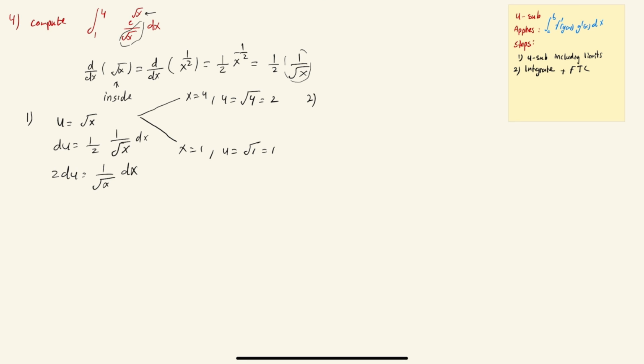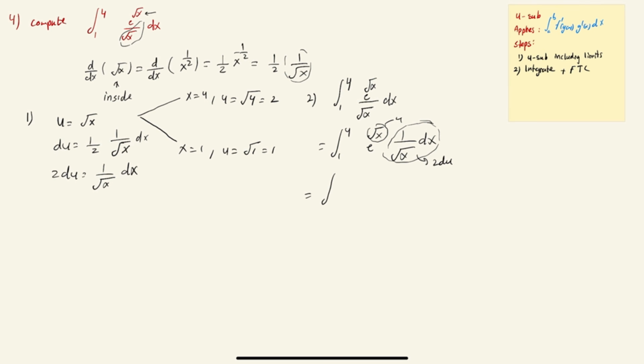Now, for step 2, I'm going to integrate using the fundamental theorem of calculus. This is just the top integral. I'm going to do some rearranging here. I'm going to bring 1 over square root of x next to the dx. Now we can see that this term is going to be equal to 2 du, and the square root of x is just u.